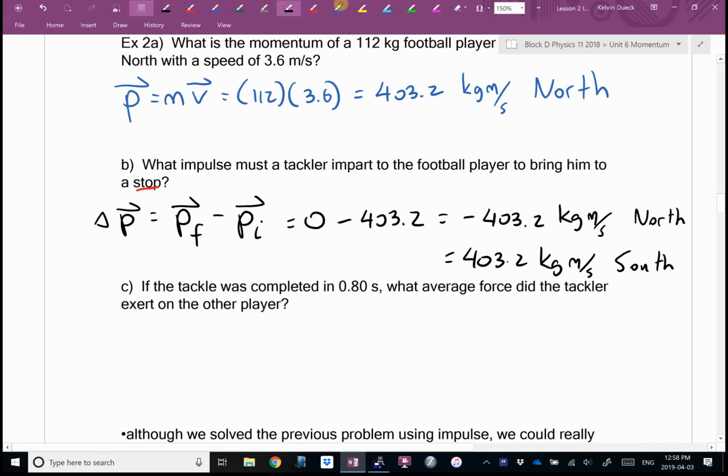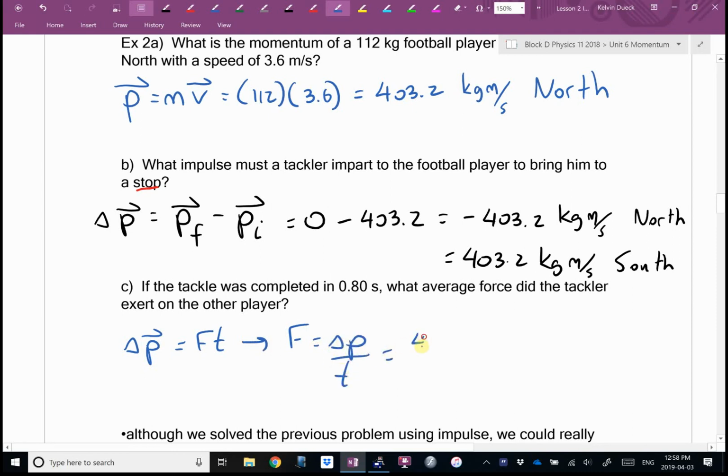Impulse equals, what's the version of impulse that has force in it? FT. Jagger, how would I get the F by itself? Yep.